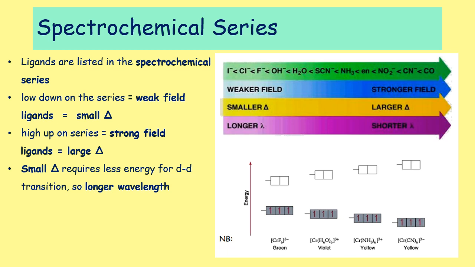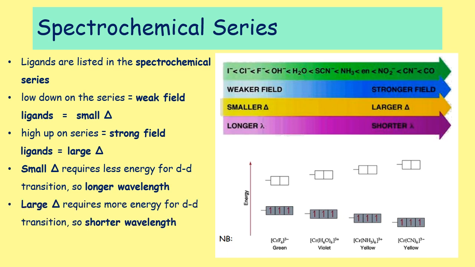A small delta requires less energy, which means a longer wavelength. So if you have these types of ligands, you're likely to absorb red and orange light, which will make you look more blue. Large ones will require more energy, which means a shorter wavelength.